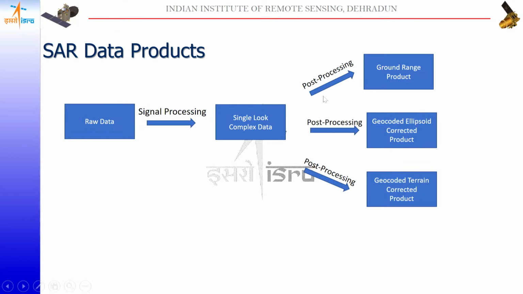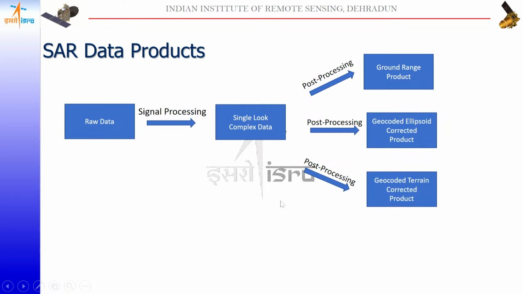And we do some post processing to convert to the ground range product or geocoded ellipsoid corrected product or geocoded terrain corrected product. So from raw data we convert to level 1, and by doing some geometrical corrections, we can make either the ground range product, the ellipsoid corrected product, or the terrain corrected product.